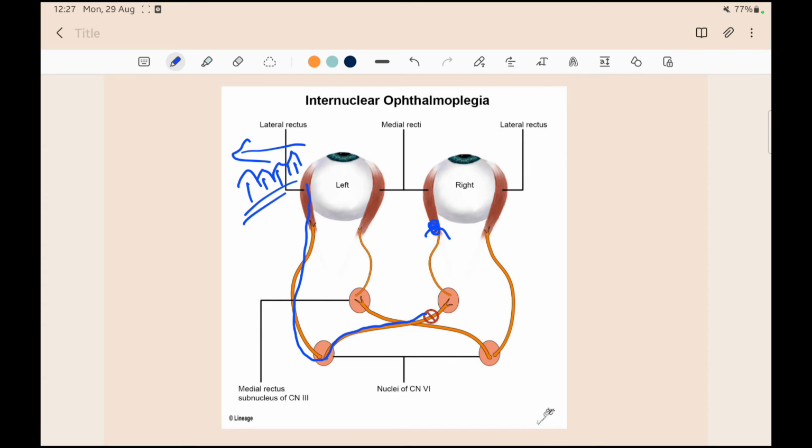So due to overfiring, your contralateral side is showing nystagmus. So your left eye is showing nystagmus and your right eye is looking towards the front because the medial rectus muscle is not firing at all.